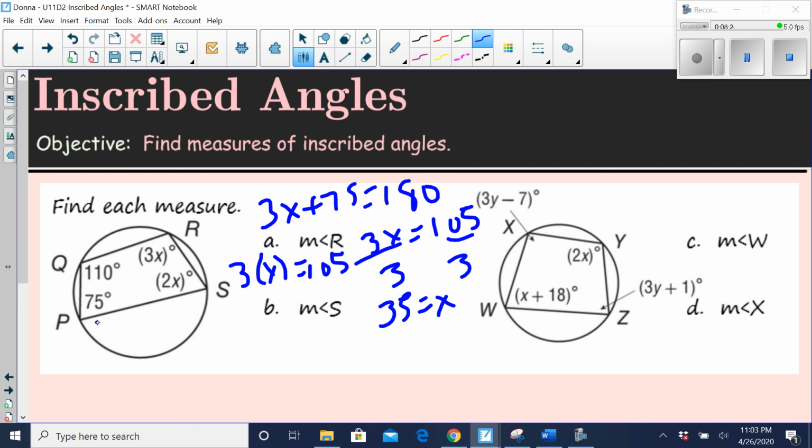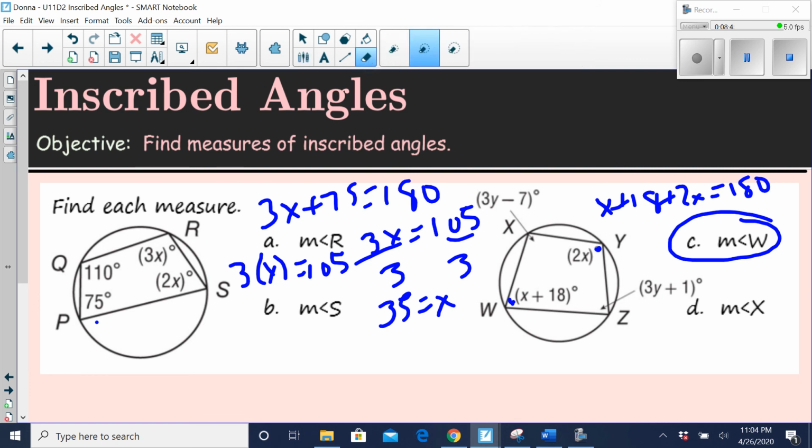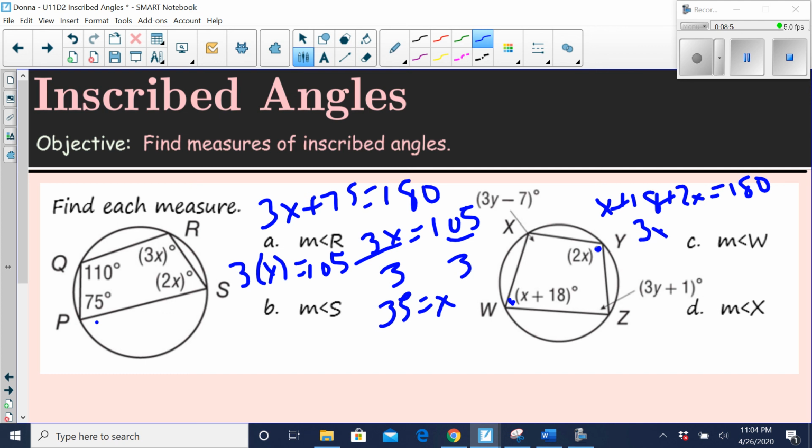But when I look at the next example and it asks me to find the measure of W, how would I find W? Well, I would take this angle, and the angle opposite of it is angle Y. Those two together have to be supplementary, so I would say x plus 18 plus 2x has to equal 180. Okay, and as I work through here, if I combine like terms, how many x's do I have? Well, x plus 2x is going to give me 3x plus 18 equal to 180.